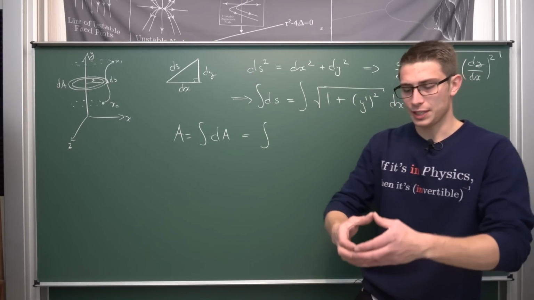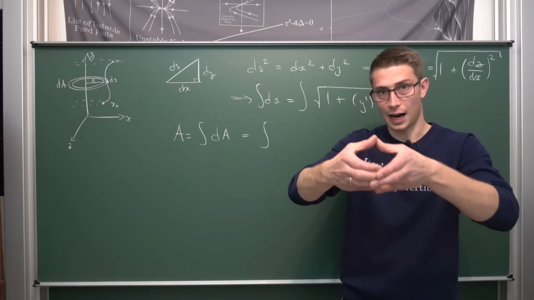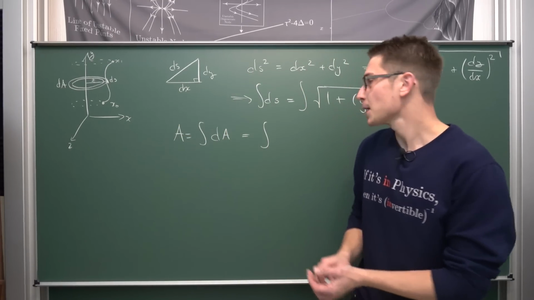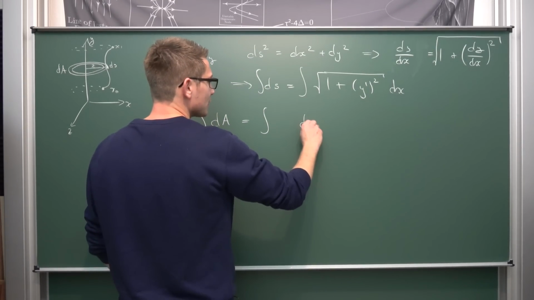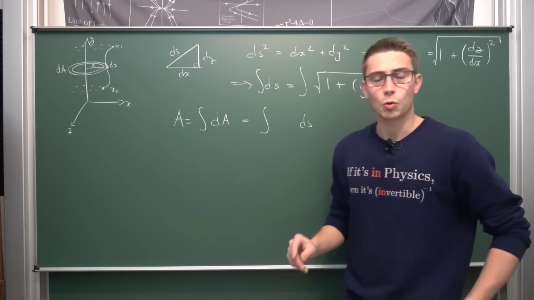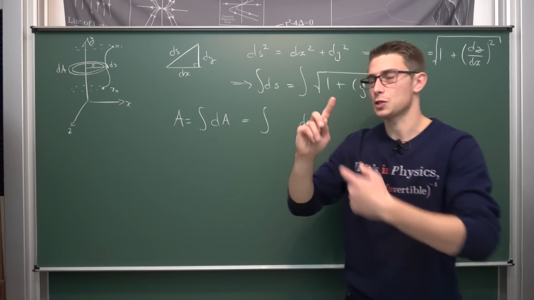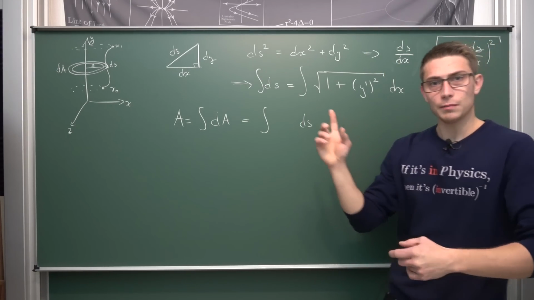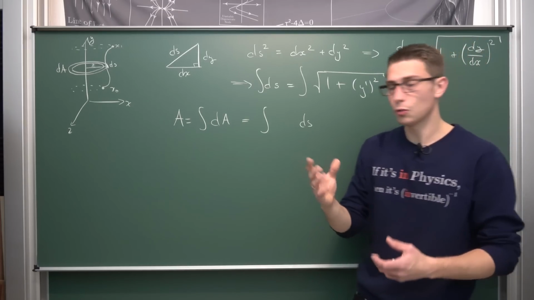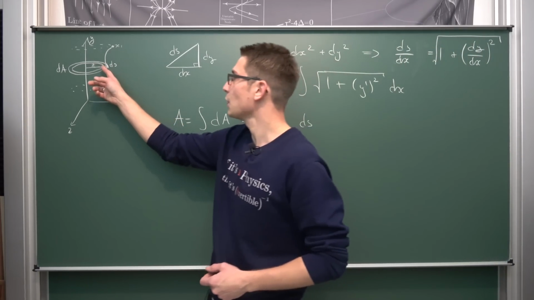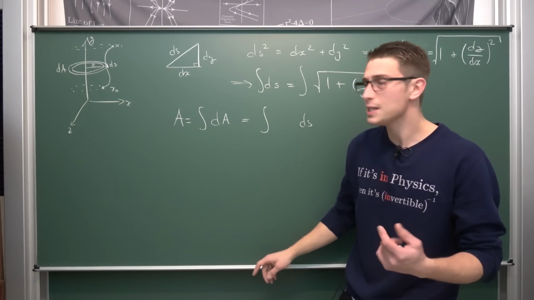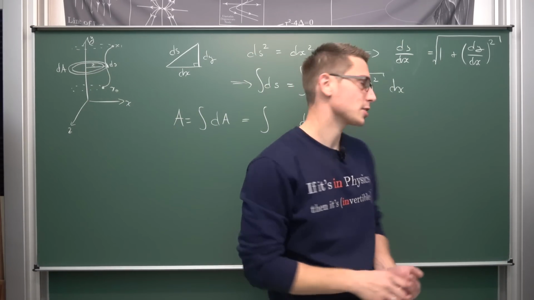Meaning we need the height of our cylinder, with the height being our ds. So we have our ds in here in some way. And for the surface area we need the circumference of our circle. In our case, the circumference is going to consist of 2 pi times r, obviously, where our radius is just the x coordinate.